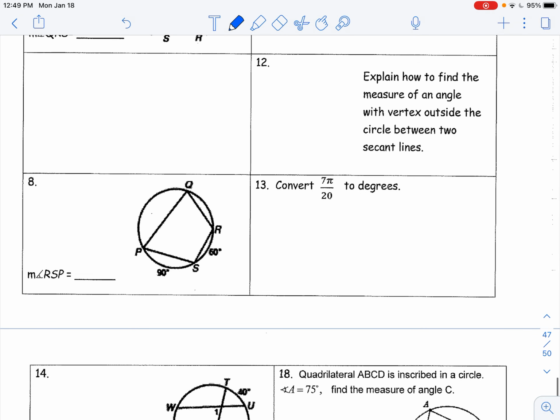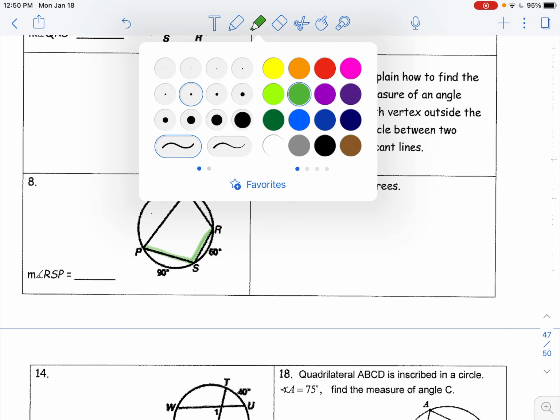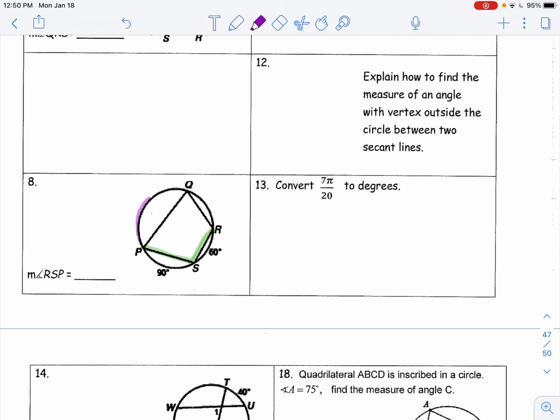In problem number 8, we have an inscribed quadrilateral, and it's asking us for the measure of RSP. So from R to S to P. That would be subtending this arc right here, this major arc. Let's figure out what that arc is.